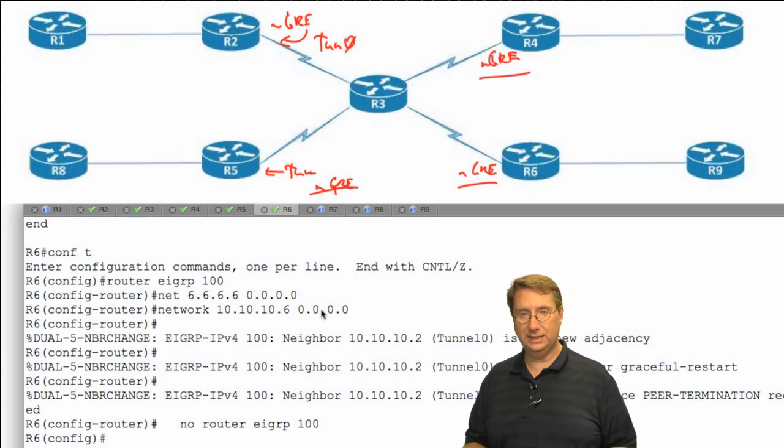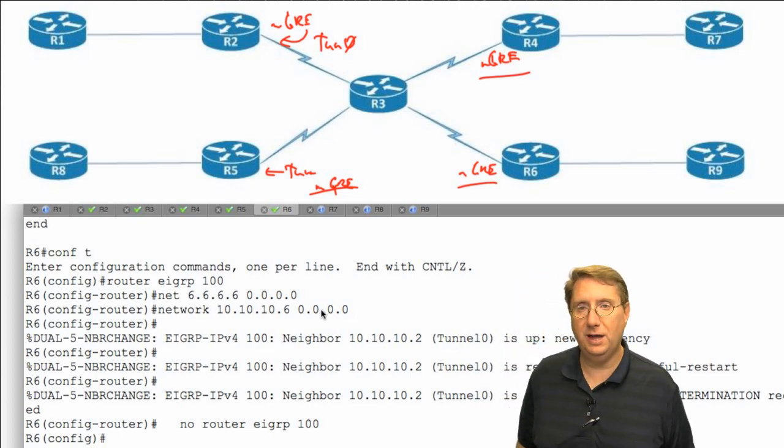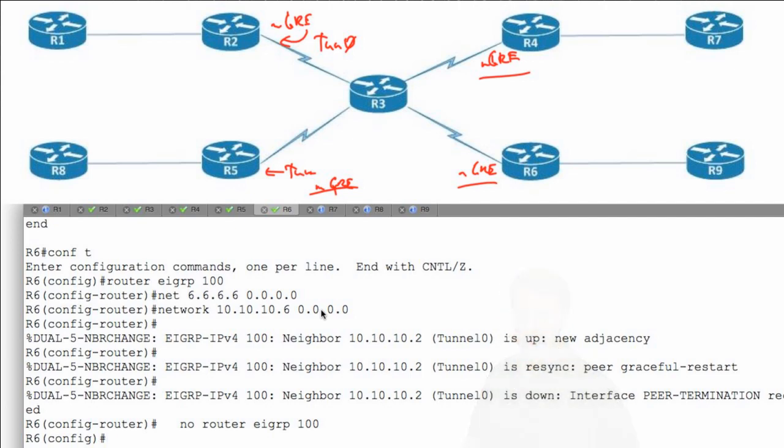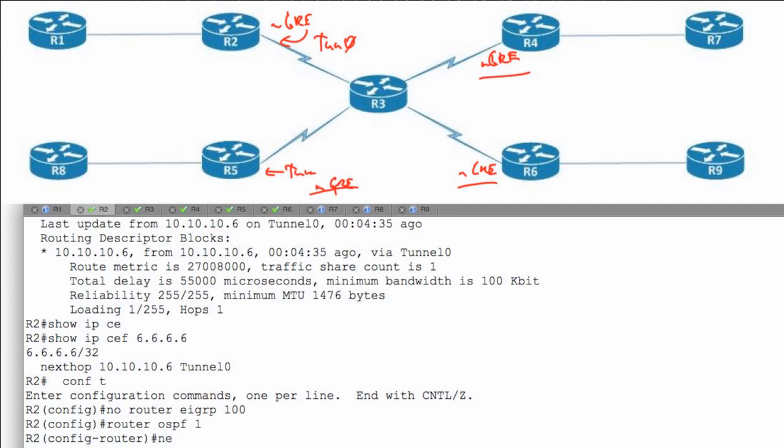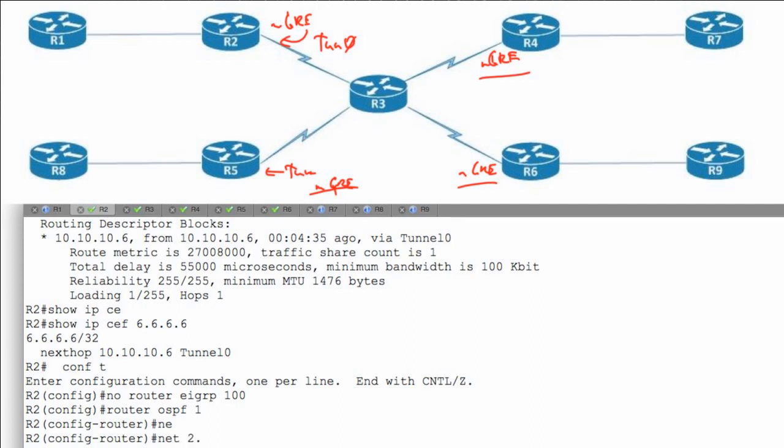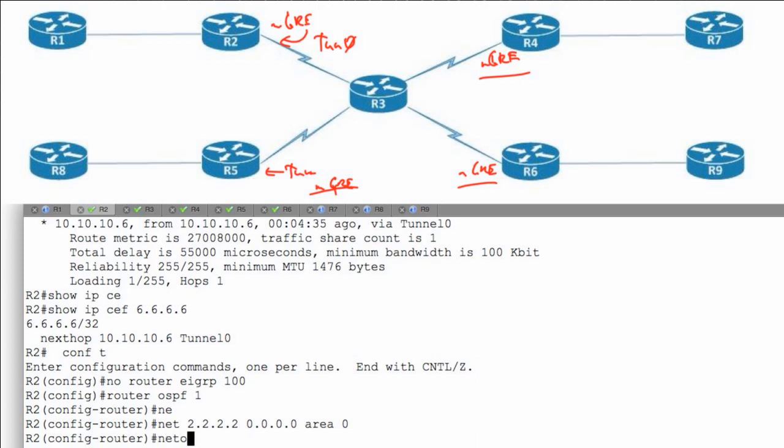So looking at this, what I want to do is get OSPF up and running quickly. On the hub, I'm going to enable it. We're going to just use OSPF area 0. So router OSPF 1, network 222, all zeros, area 0, and network 10.10.10.2, area 0.